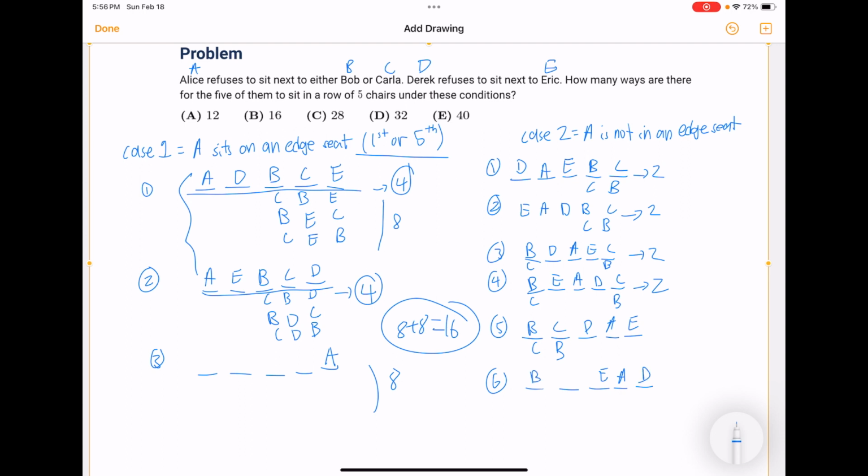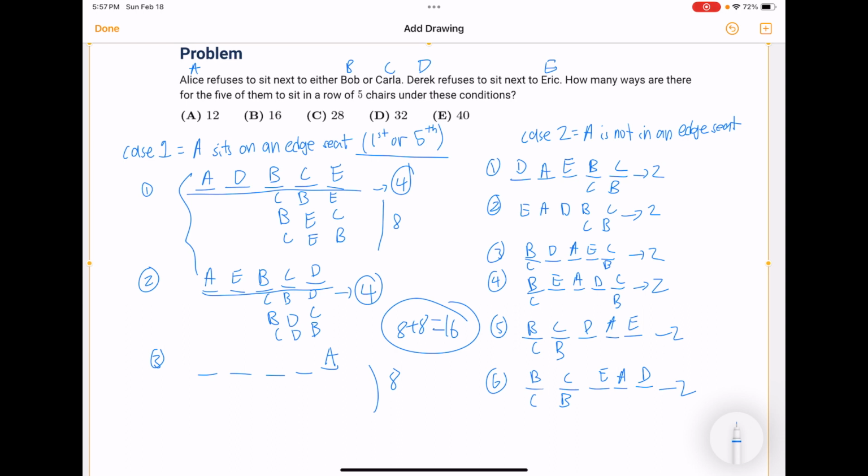ED, and then BC, CB. So here, we have switched DE and made that ED. And then we have also switched BC and CB. So we have covered all of the possible arrangements.